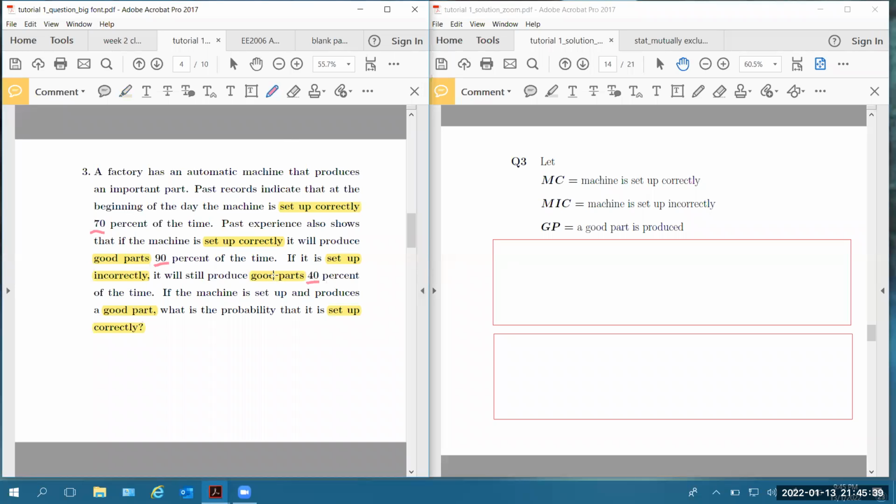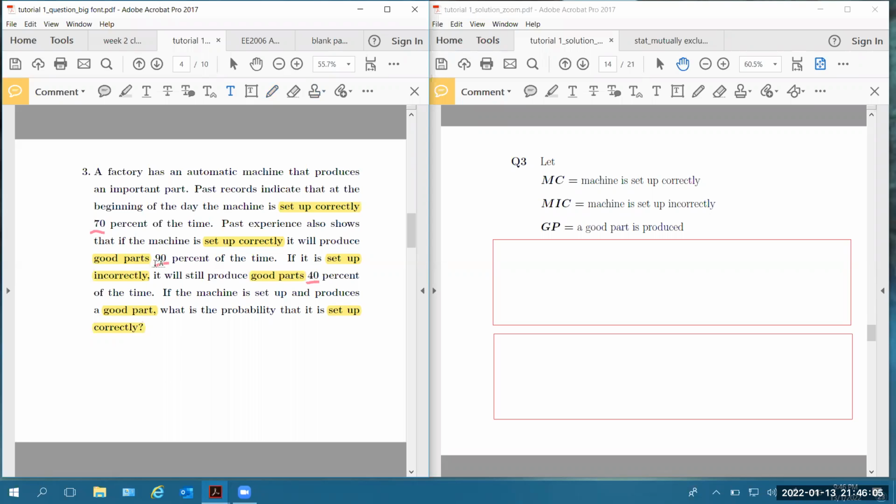We go and write down these numbers because these numbers have meaning. When you write down the numbers, it will be in terms of these events, MC, MIC, GP. Is it okay? So we'll write this down together.